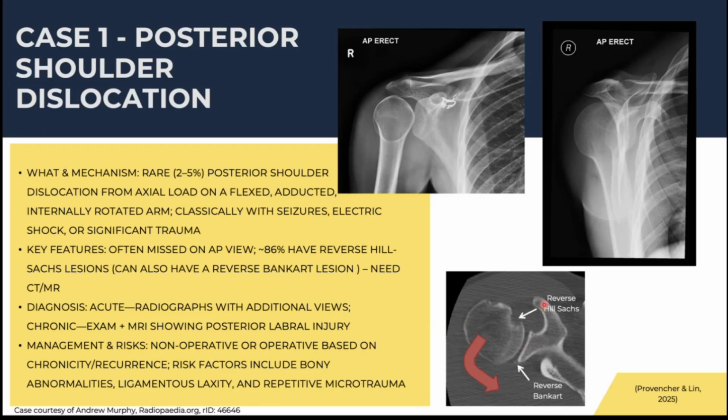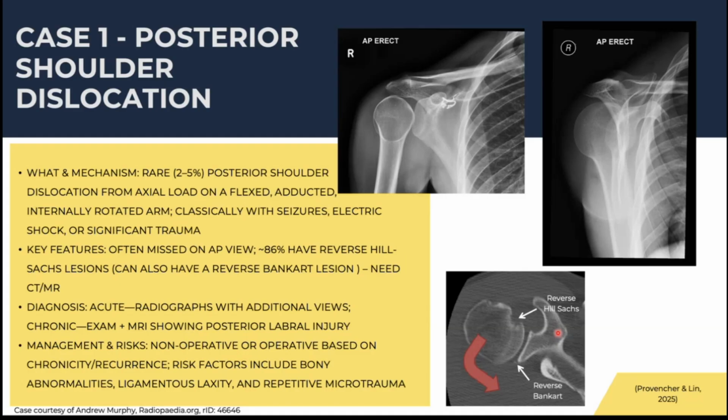When we're looking at these views, whether it be an axial or Y view or any other type of lateral, you use the coracoid as your reference point to know whether you are looking anterior or posterior. That's our lighthouse that we always refer back to.